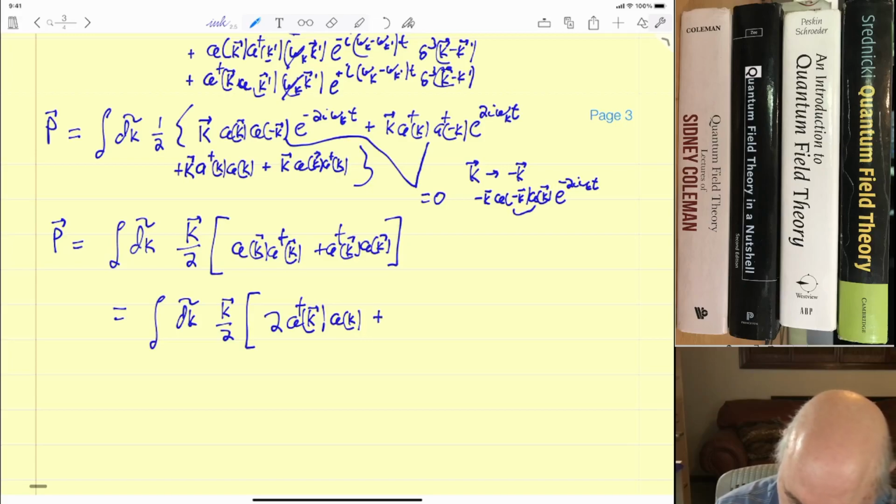Now we get the 0 point term: a a dagger is a dagger a plus delta 3 of 0.